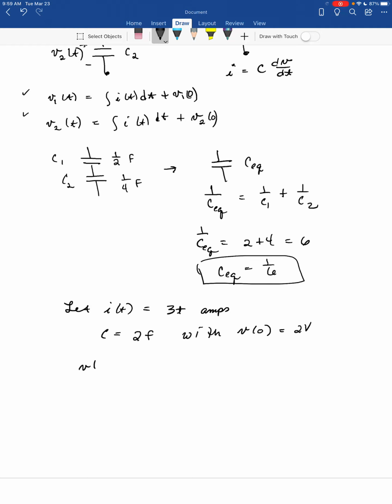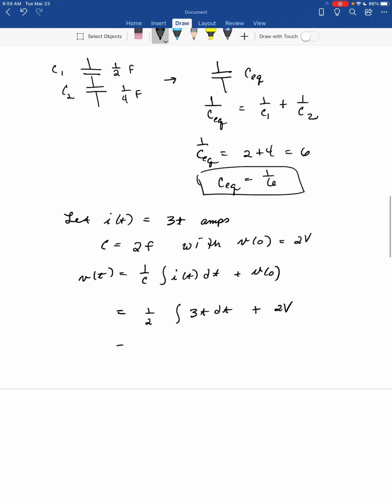Okay, so V of t, according to our equation, is 1 over C, the integral of I of t dt plus V at 0. So that's going to be 1/2 the integral of 3t dt plus 2 volts.